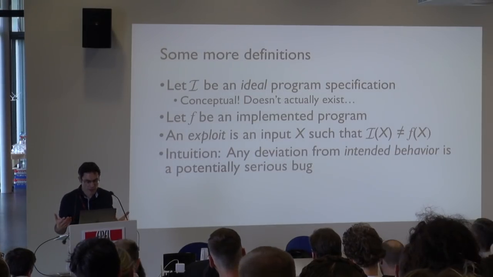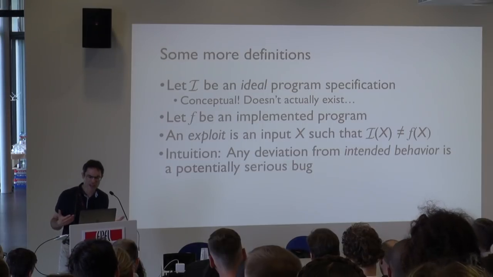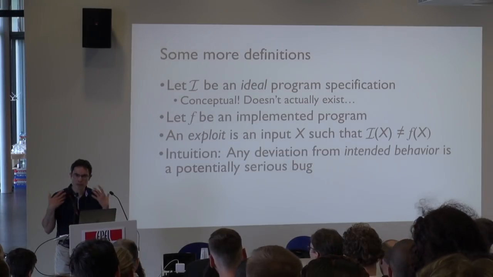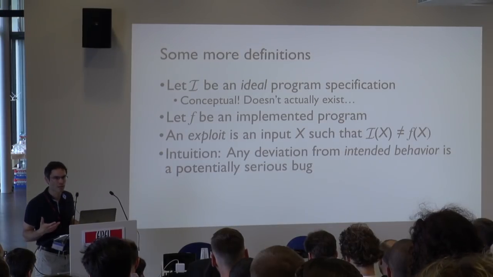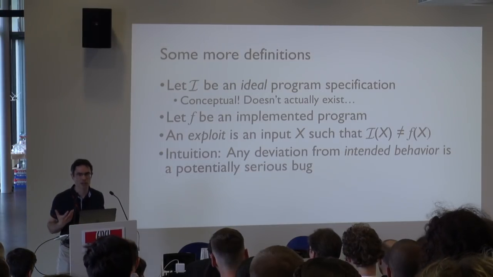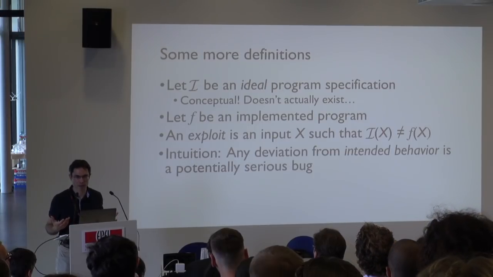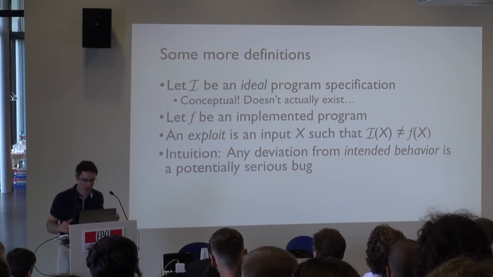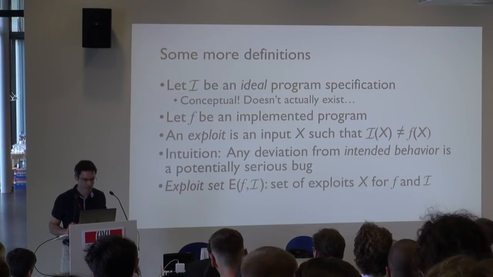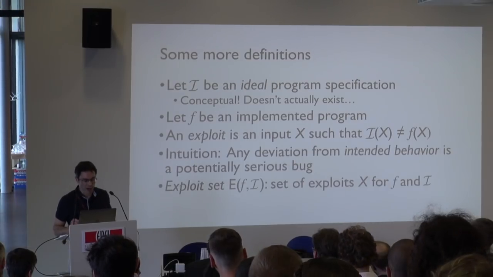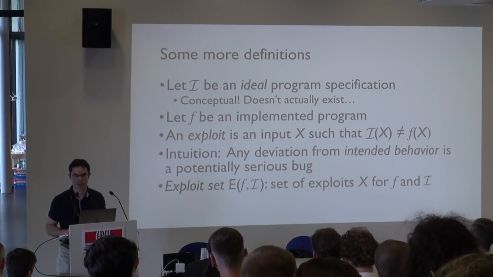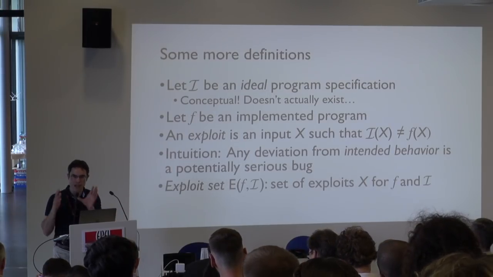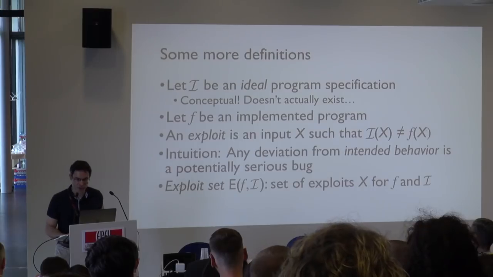This definition should seem fairly natural, because any deviation from intended behavior means something has gone wrong. It means there's a bug of some kind in the implemented program. And any bug, of course, can be potentially serious. I'll denote by E of Fi what I'll refer to as an exploit set, a set of inputs that cause this divergence.